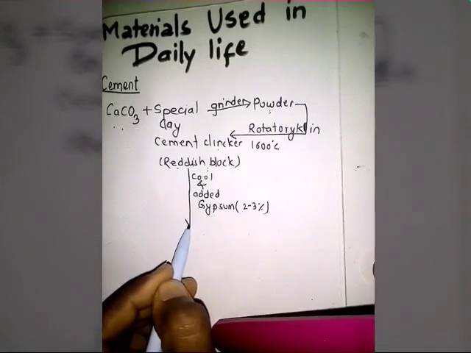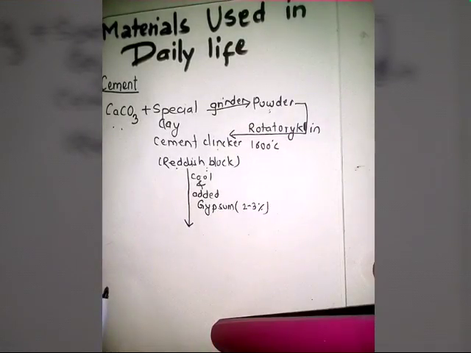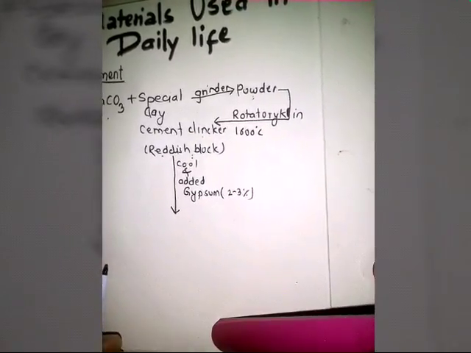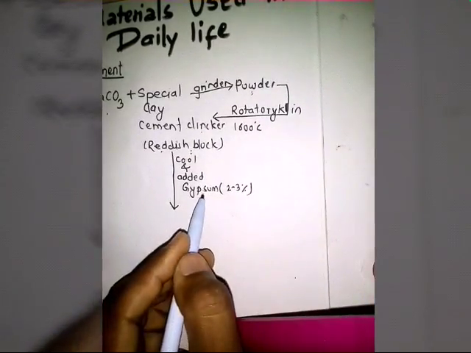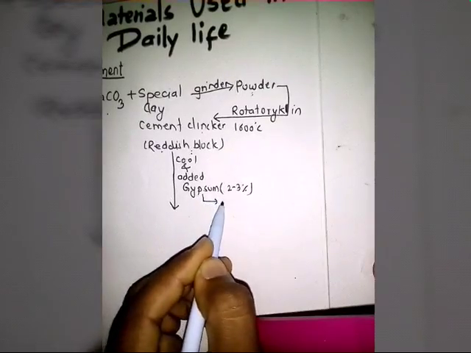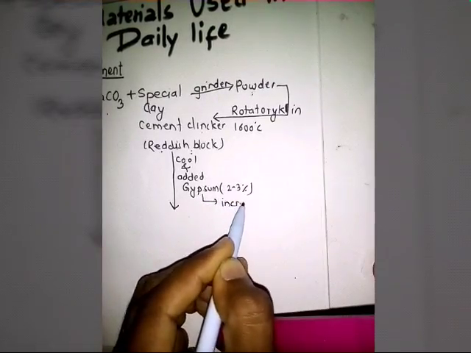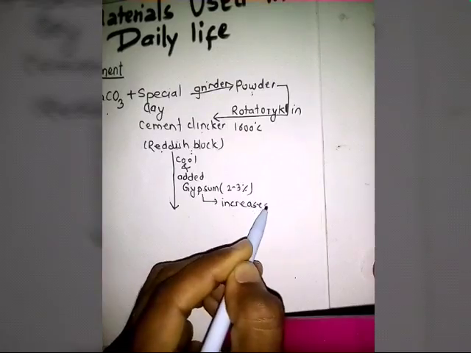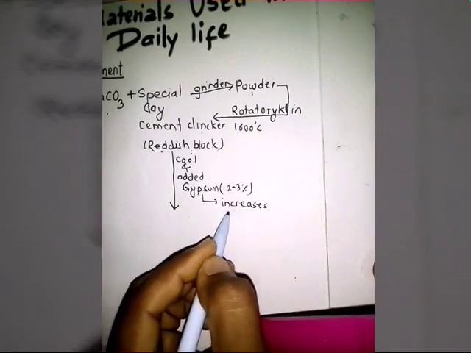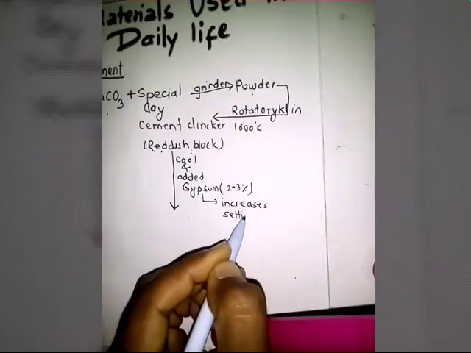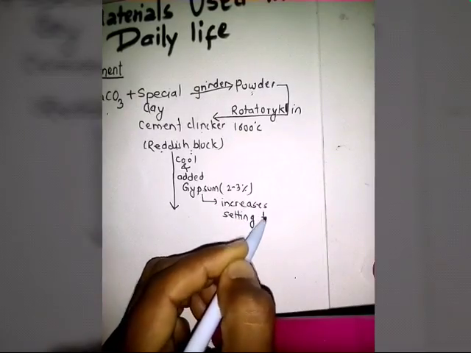Now gypsum has a very important function. So what does the gypsum do? In exams you are quite often asked this. So what does gypsum do? Gypsum increases the setting time of cement.